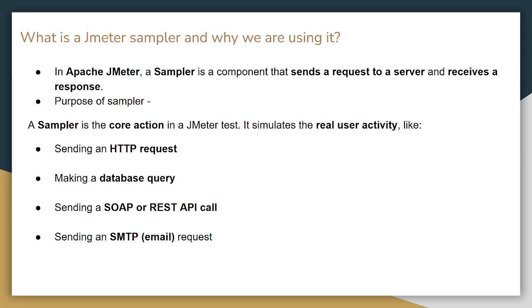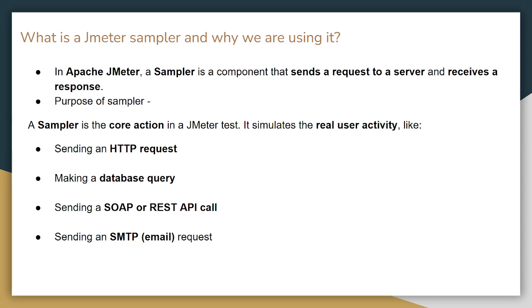If somebody asks what the common types of samplers are: the HTTP request is a sampler, which can send GET, POST, DELETE requests. A SOAP or XML request is another sampler, and you can send a SOAP web service request.